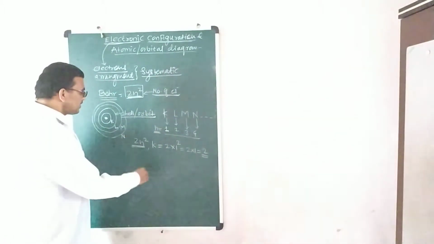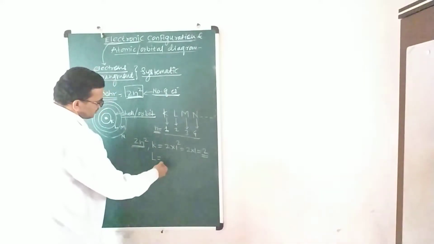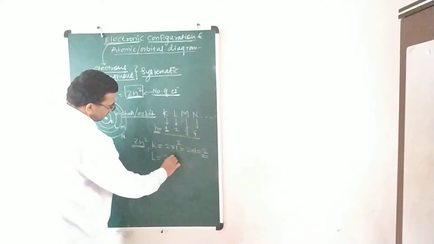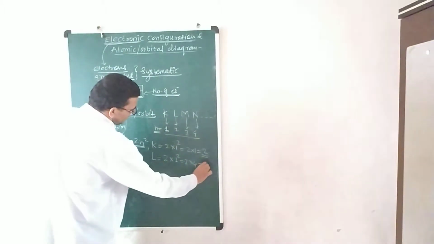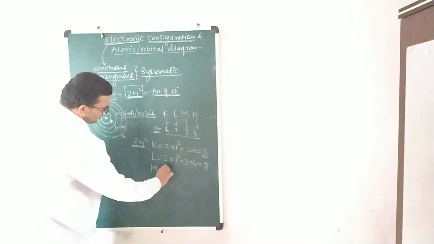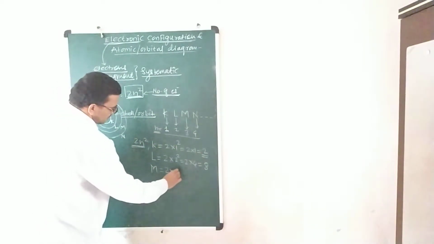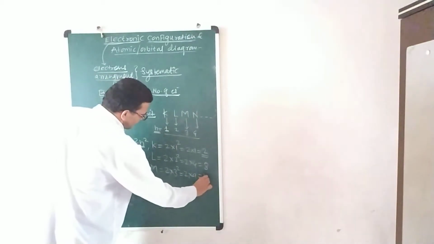2. Similarly, if it is the L shell, you can find as per the rule 2 into 2 square, so 2 into 4 is equal to 8. Similarly for the M shell, 2 into 3 square, 2 into 9 is equal to 18.